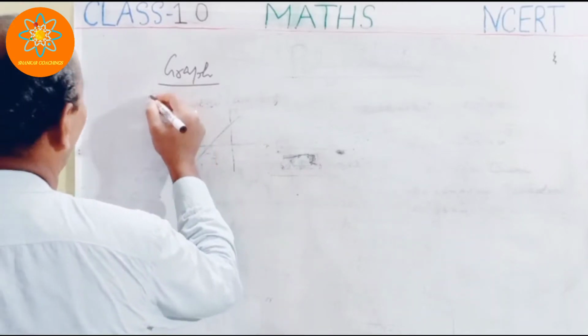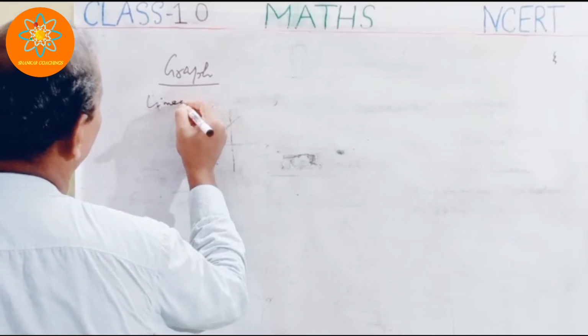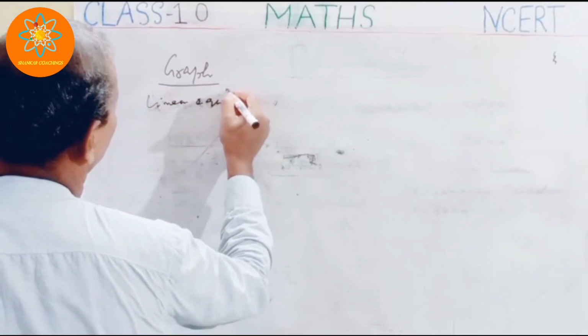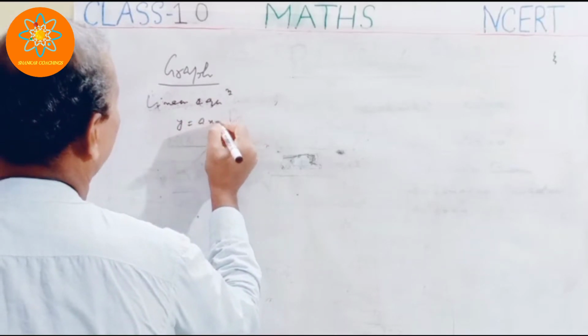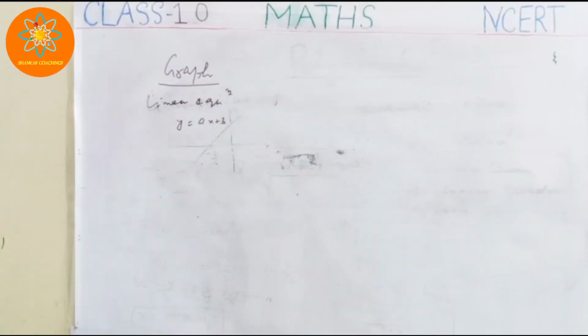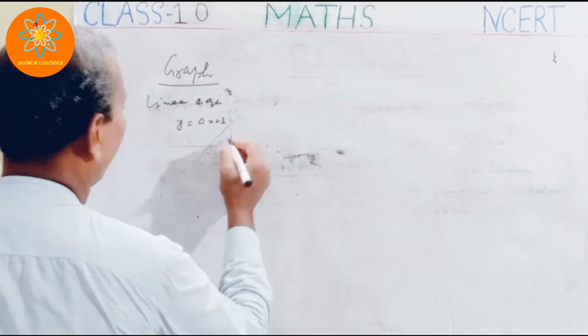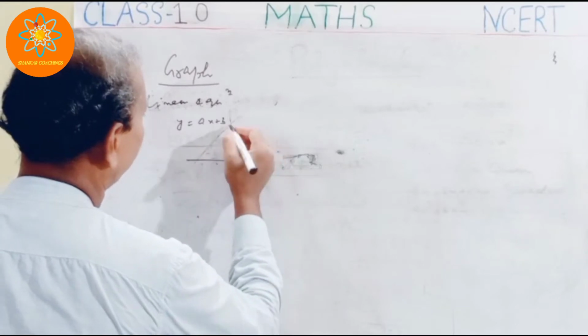So the general form of the linear equation is, let's suppose, y is equal to ax plus b, and I want to draw the graph of y is equal to ax plus b. So how I will draw it?